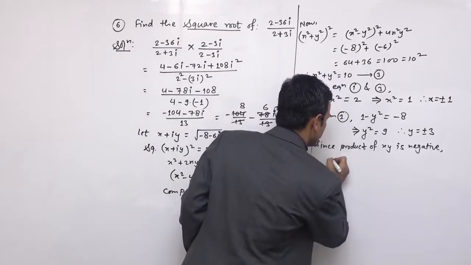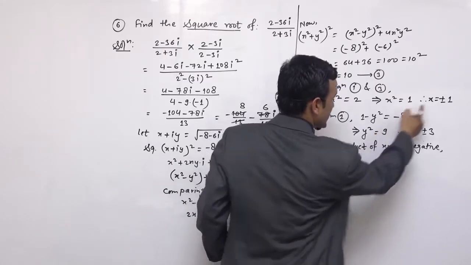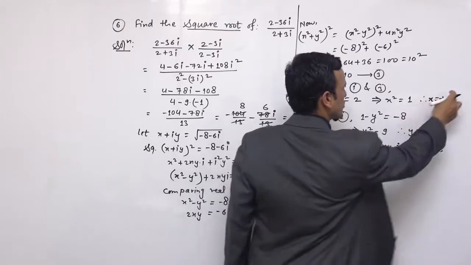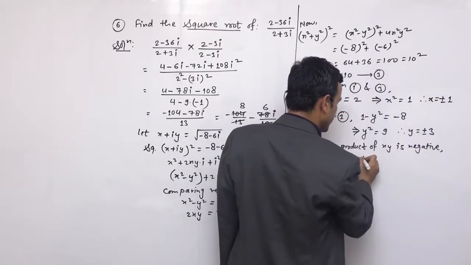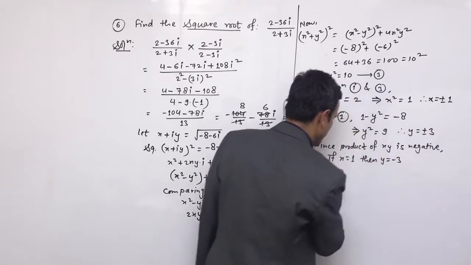Then if x is taken as positive from here, then y must be taken negative, minus 3.